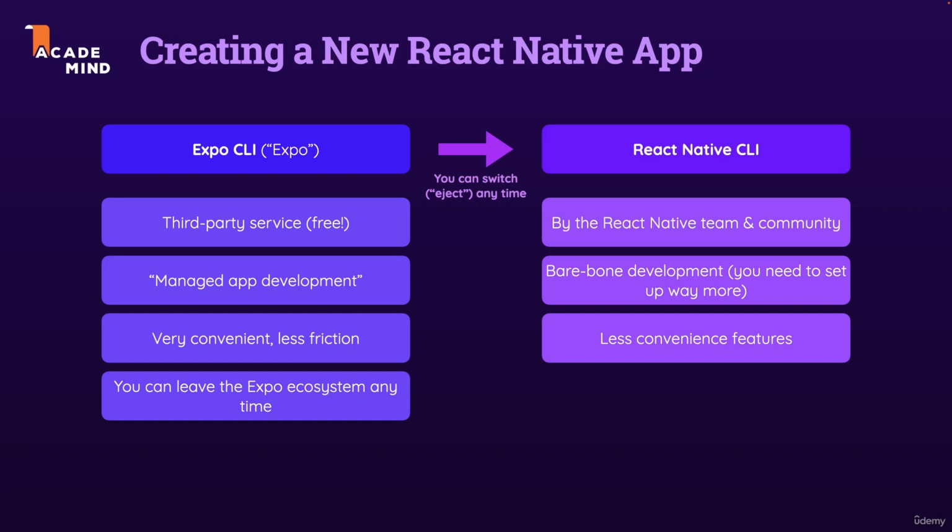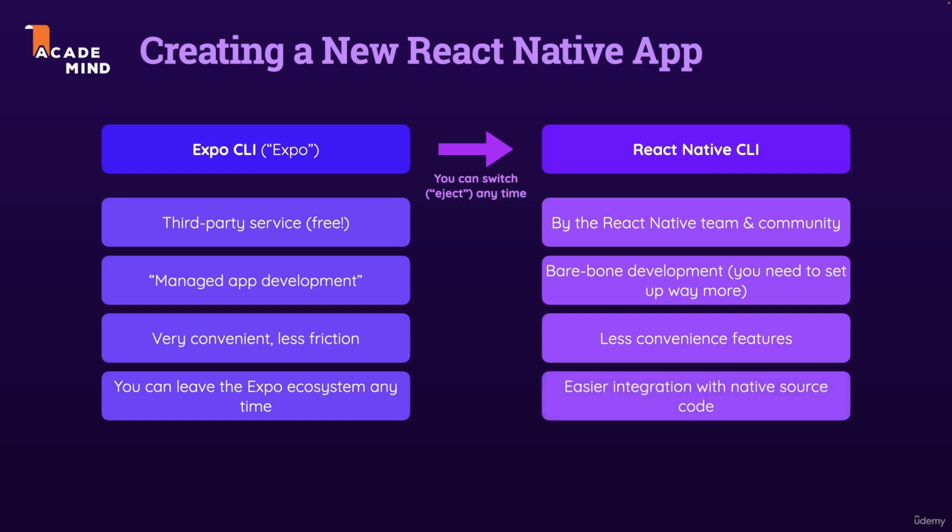Now, what the pure React Native workflow does have, though, is that it is often a bit easier to integrate with native source code. So, with source code written in Java or Objective-C or Swift or Kotlin. So, if you must mix JavaScript code and native device source code, then using just the React Native CLI could be beneficial.